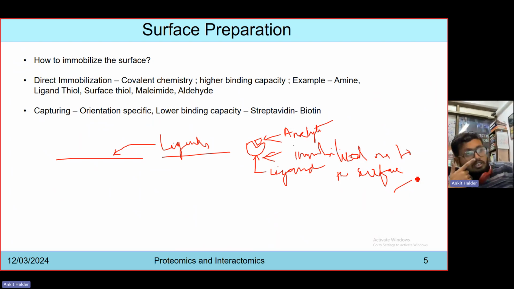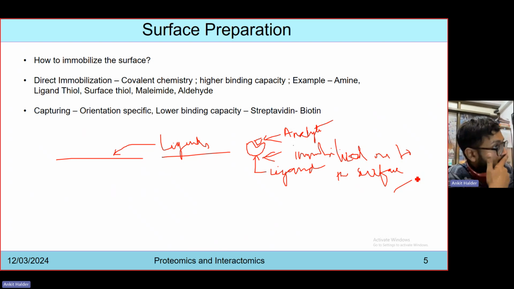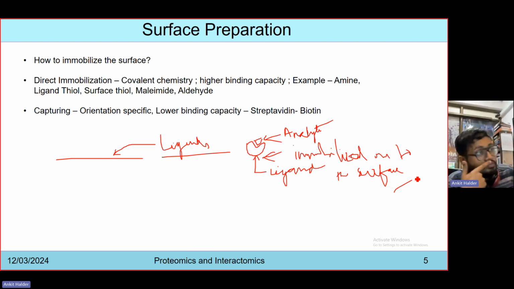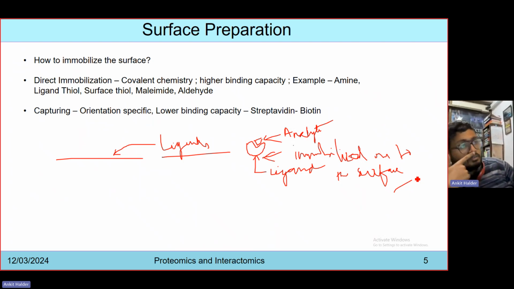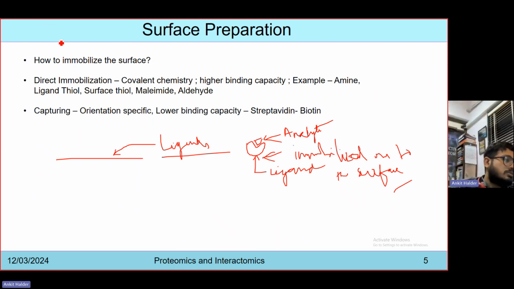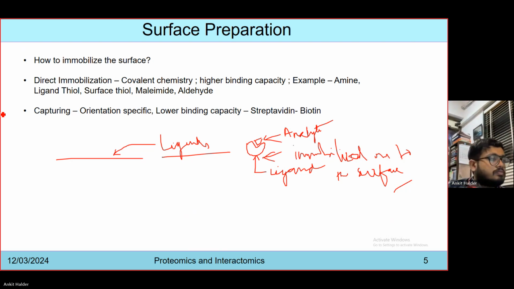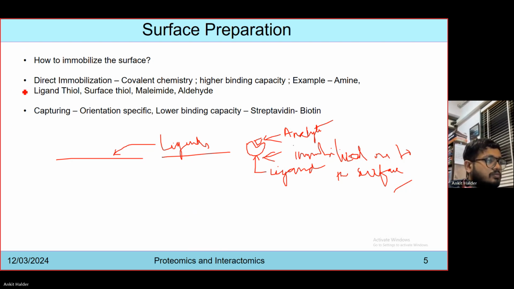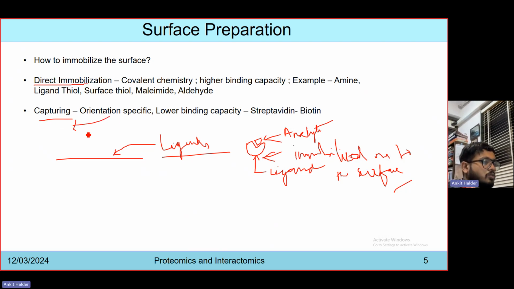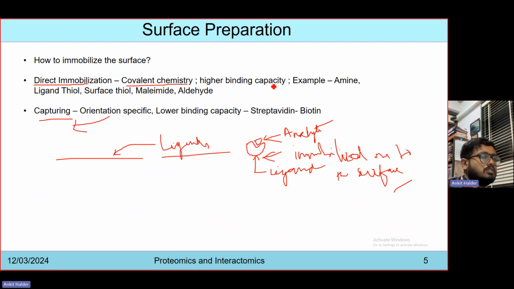Now, one is direct immobilization, which uses covalent chemistry and has higher binding capacity. Examples are amine ligand, thiol, surface thiol, maleimide, aldehyde, etc. Second is capturing, or orientation specific, which has lower binding capacity, like streptavidin, biotin. So these are the two kinds of things: one is direct immobilization, and second is capturing.